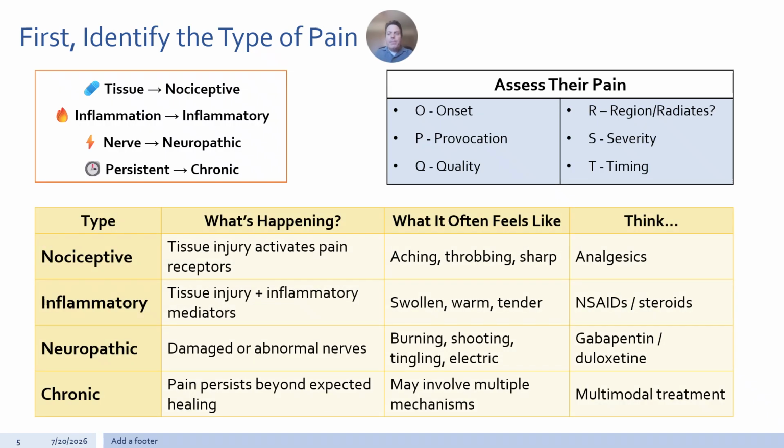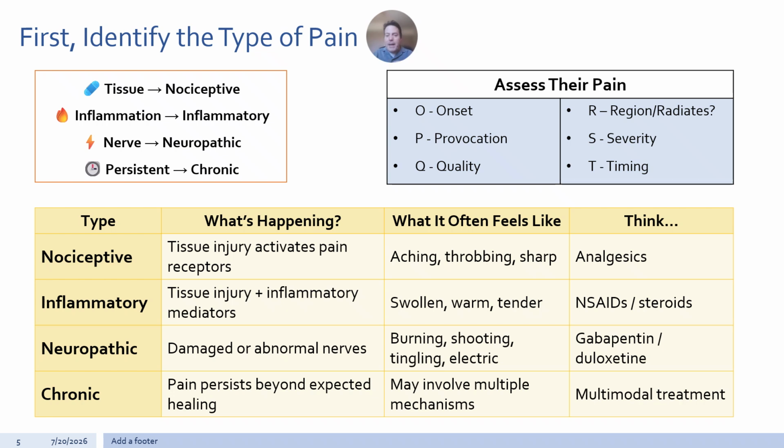So let me just show you this little chart here for you. Nociceptive pain is where tissue activates pain receptors. We'll talk about that a little bit more. That's that kind of achy, throbbing, sharp pain, and when you have that, you might think analgesics. You have inflammatory pain, so that's the tissue injury, the inflammatory mediators like COX-2.